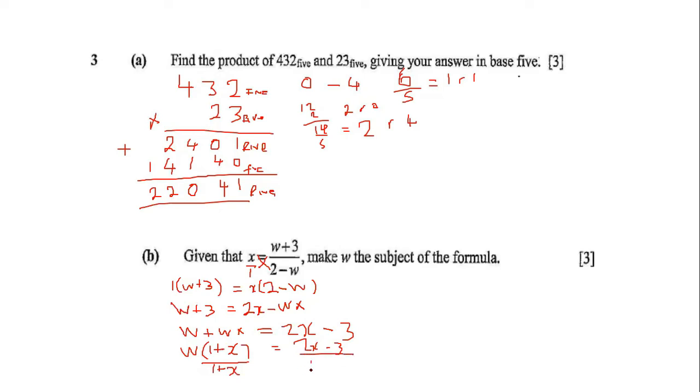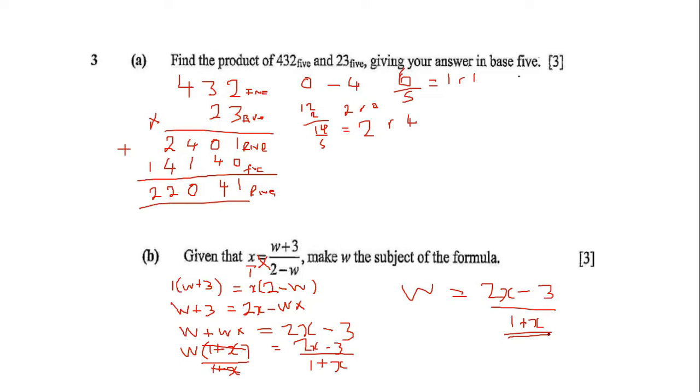So this will also be 1 plus x. Having done that, this one and that one will cancel, giving us w equal to 2x minus 3 over 1 plus x. So that one will be like that, and it is done.